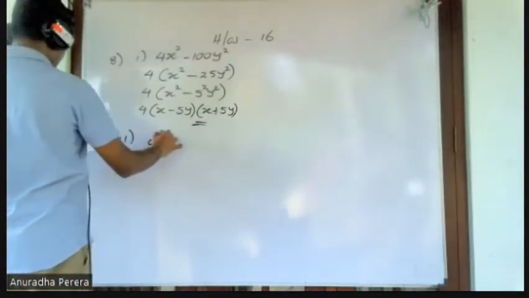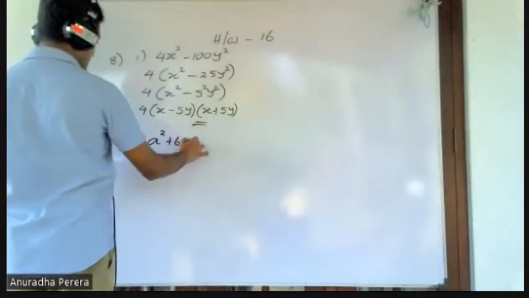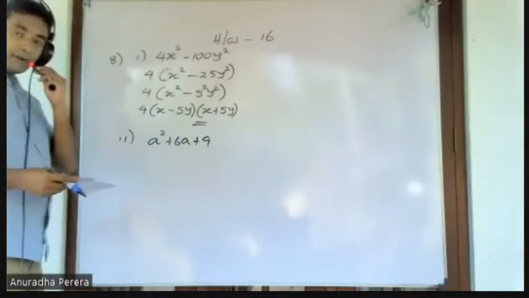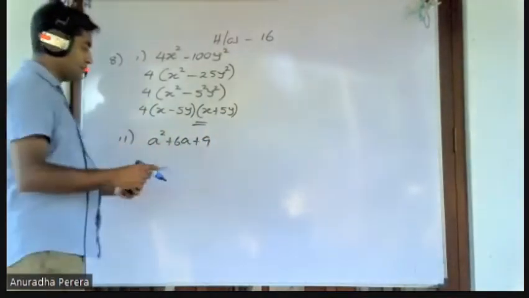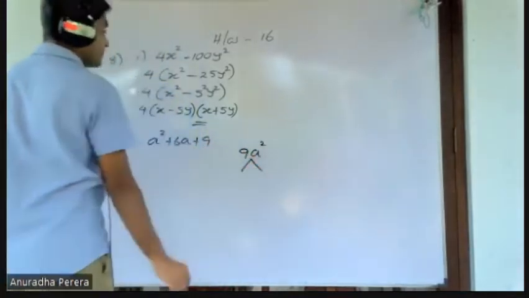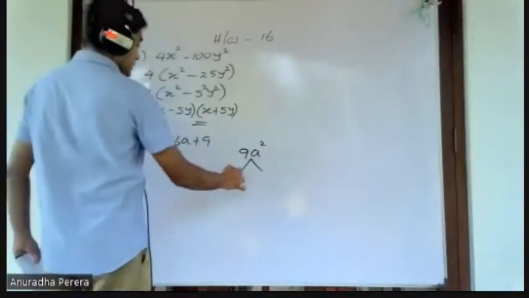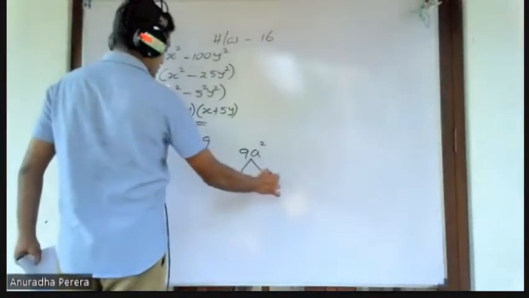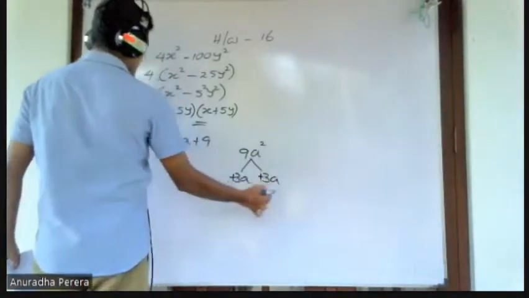The second one. A squared plus 6a plus 9. Quadratic expression. Take the product of the square term and the constant, which is 9a squared. We need two factors for this: 3a, 3a. Both are positive values.